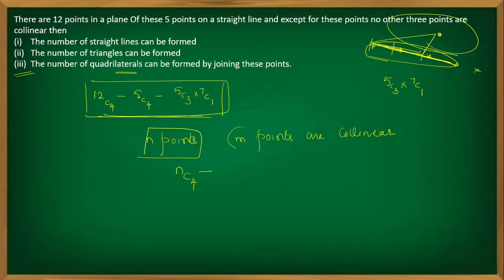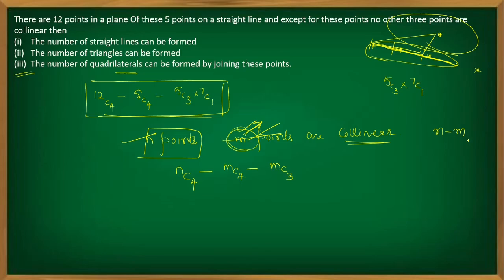But if you select any 4 points from the m collinear points, you will not form a quadrilateral, so we subtract mC4. Once again, if you select any 3 points from these, that is mC3, and 1 point from the remaining points.